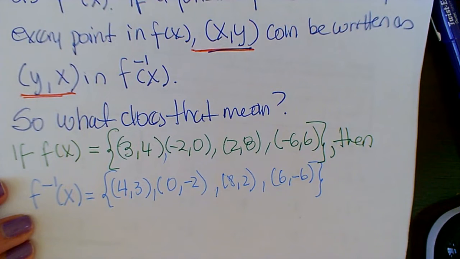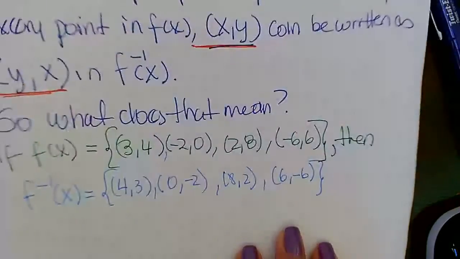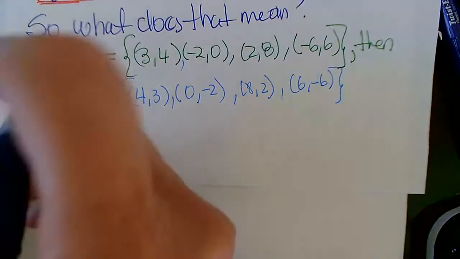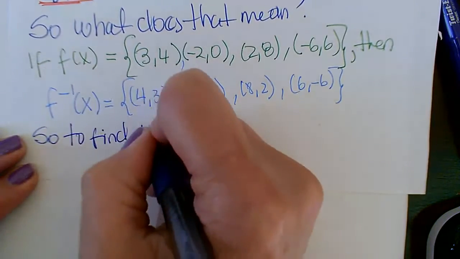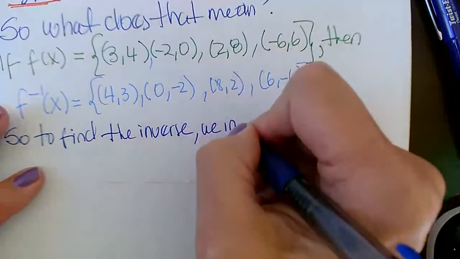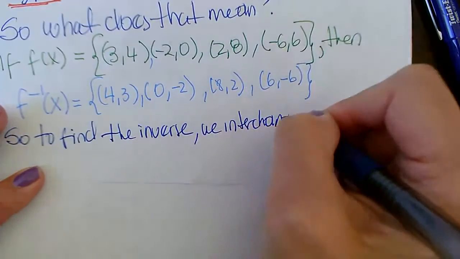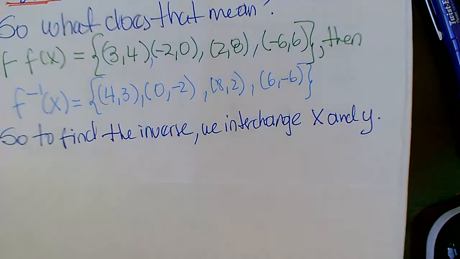So to find the inverse, we interchange x and y. That's what we do. To find the inverse, we interchange x and y. That's what we need to do. Now, you write down this question.